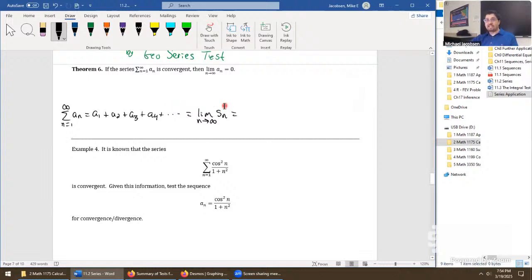There's a lot of ways to say this. You can rewrite that this means it's the limit as n goes to infinity. The n going to infinity is captured with the dot, dot, dot to say infinitely many terms. Limit as n goes to infinity of a1 plus a2 plus a3 plus a4 plus an.